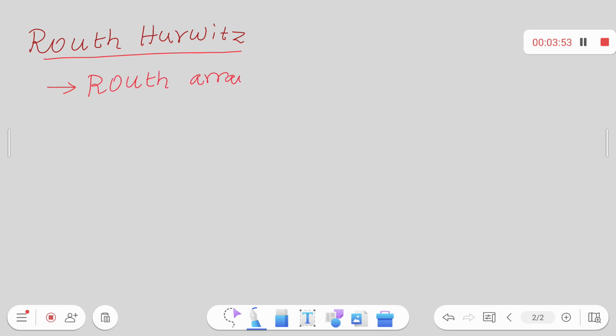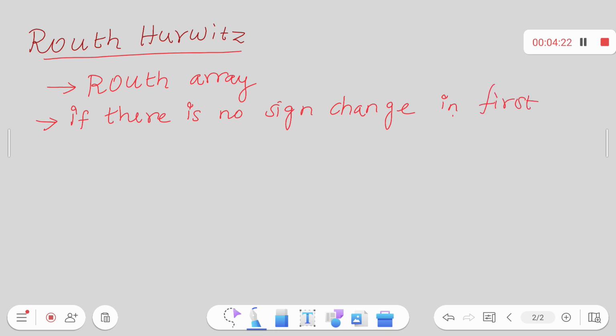You know array, it is a combination of rows and columns. So for the given characteristic equation, we should construct Routh array, and if there is no sign change in the first column of the Routh array, then we can say the system is stable.